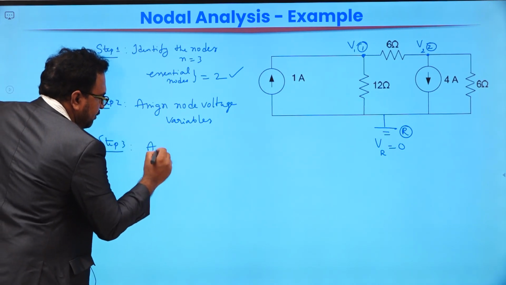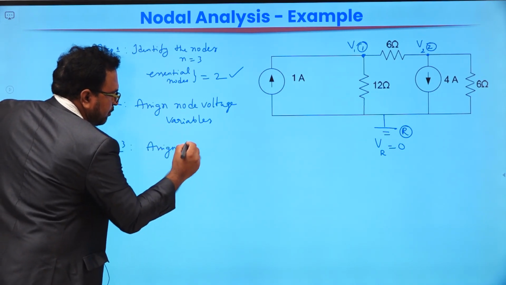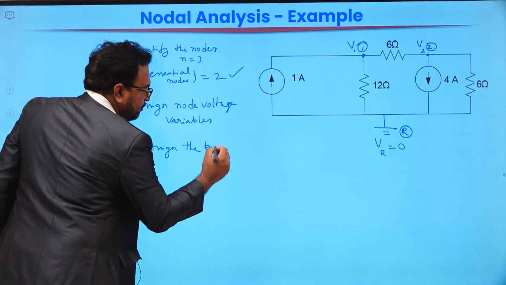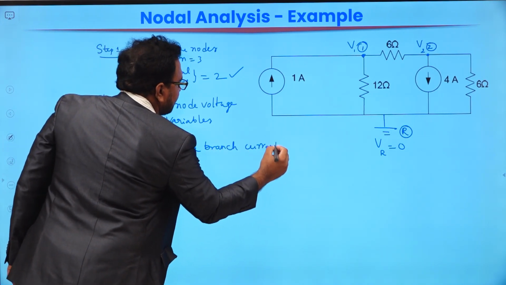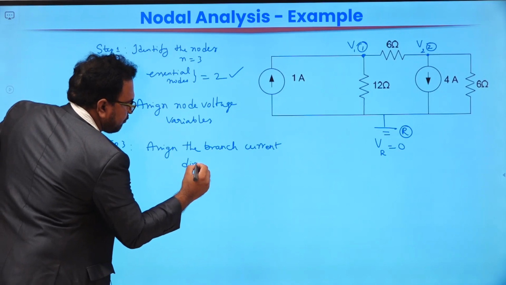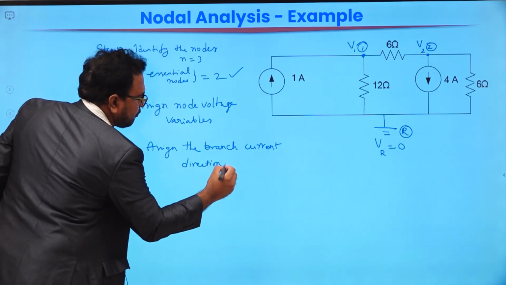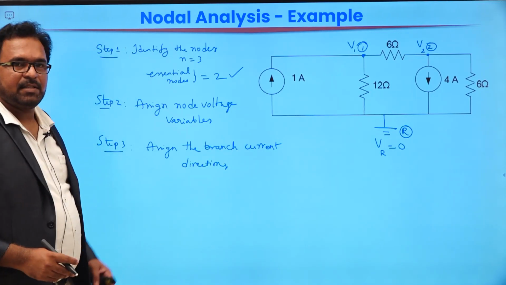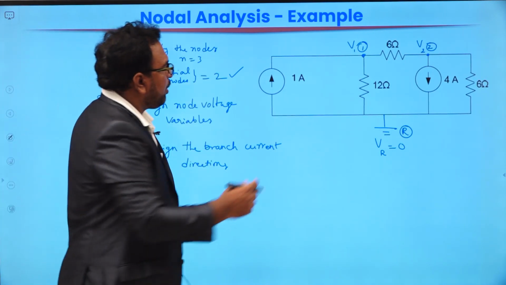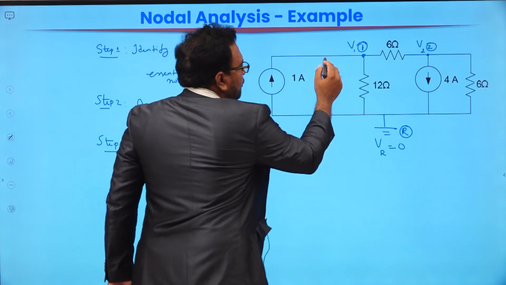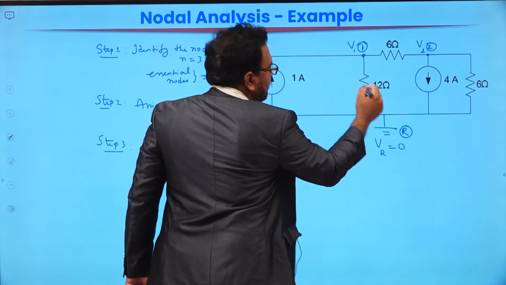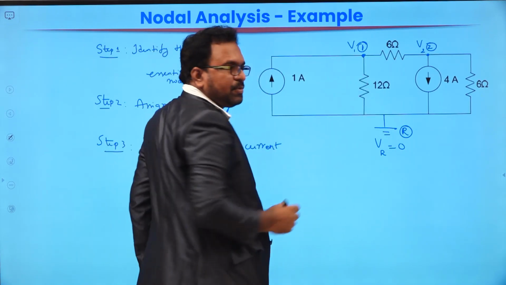Now what is step 3? You have to assign the branch current directions, the branch currents that are connected to each node. Coming to the first node, how many branches are connected? This is 1, 12 ohms, 1 ampere source and 6 ohms.